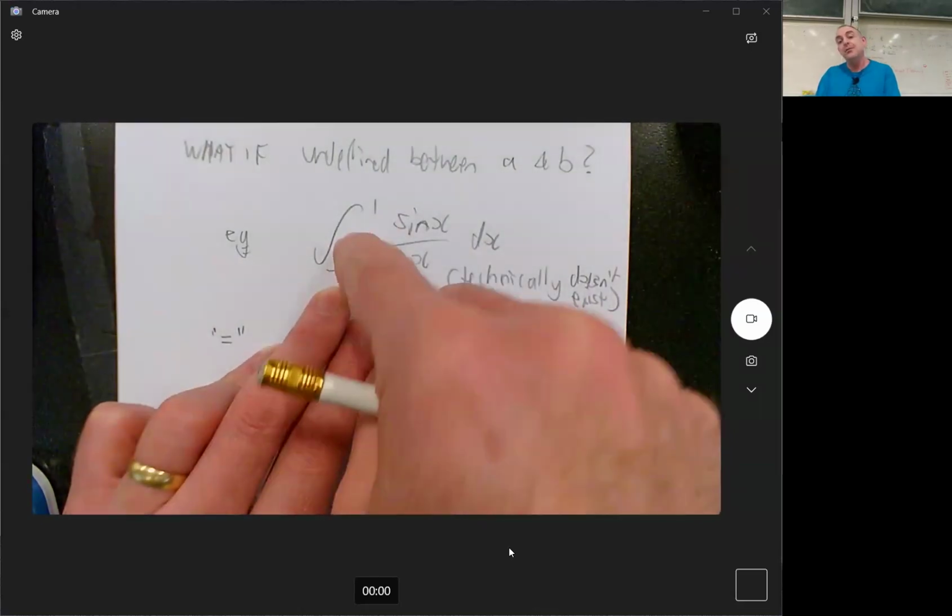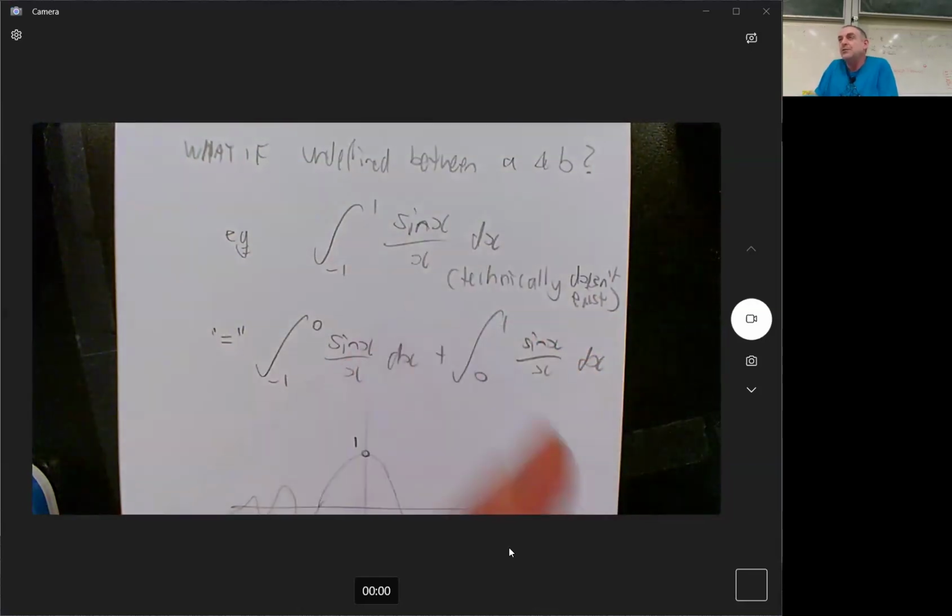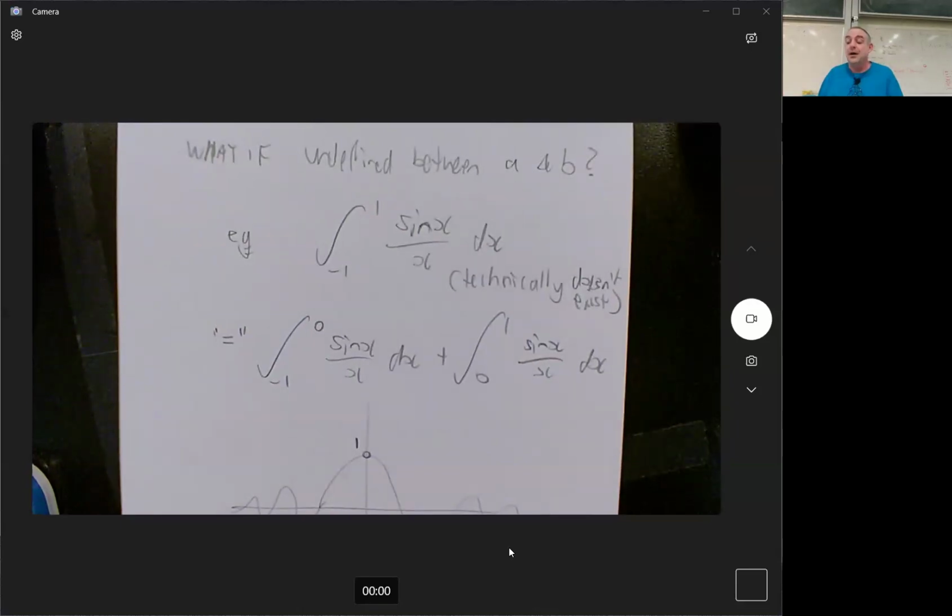But if there is a place in the middle where the function doesn't exist, officially, the integral doesn't have a definition. But I'm sure you could define integration in such a way that it did exist. But I choose to not worry about that today.